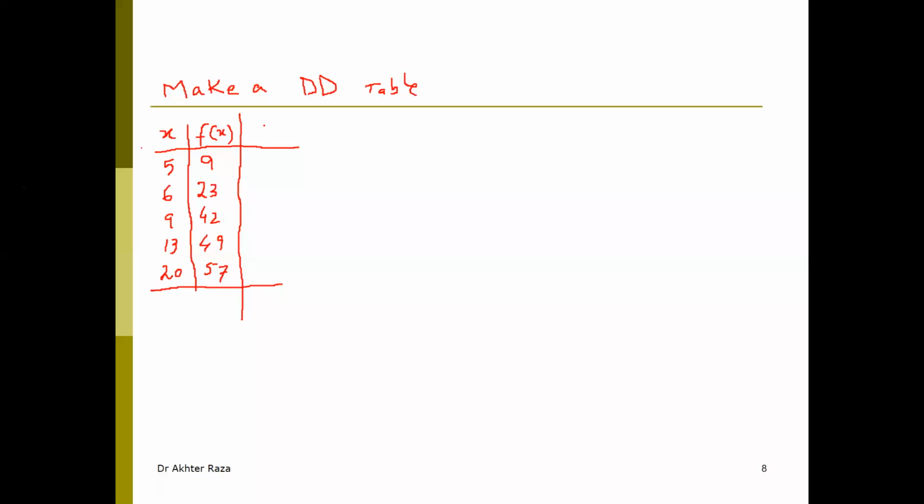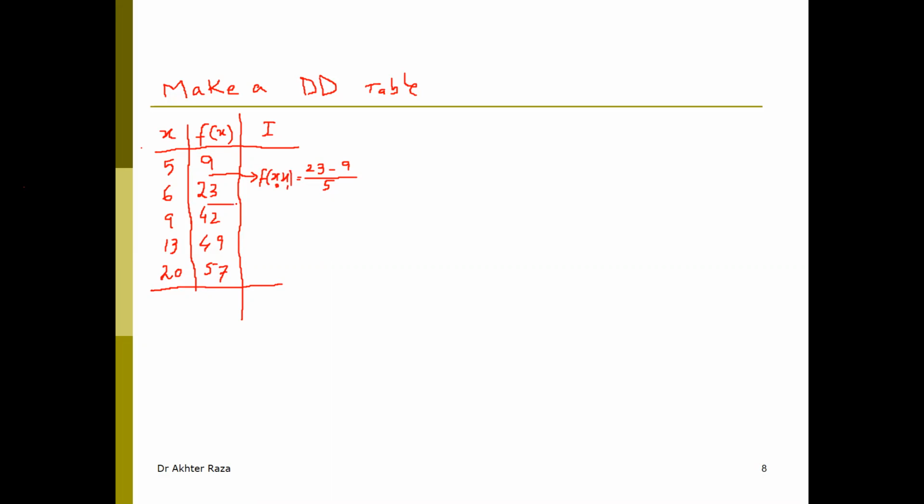So I'm just calculating the first order divided differences. Numerical values are what? Numerical values are 23 minus 9 divided by 5. This is represented by f x naught x1.